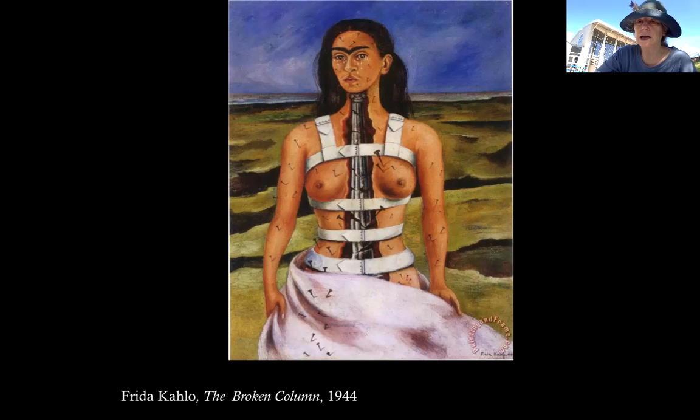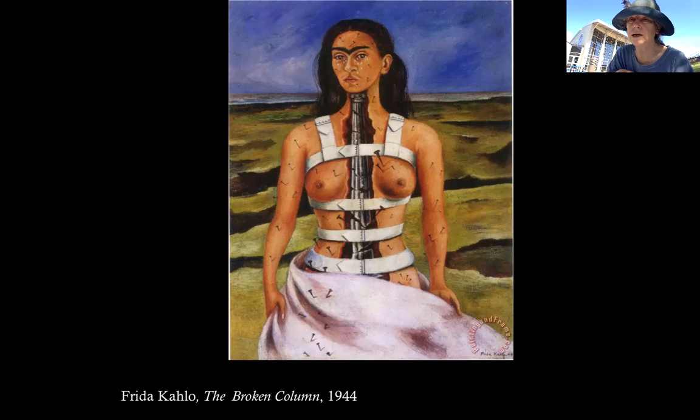So a trolley is like a streetcar slash bus, sort of an electric bus, and she was riding an electric bus in Mexico City, where she lived in the early 20th century, and a truck hit the trolley, and a guardrail in the trolley, a handrail, sort of penetrated her abdomen and broke her spine. I mean, it was just a terrible accident. It's amazing that she survived it.